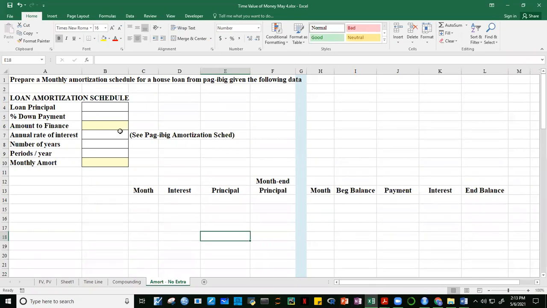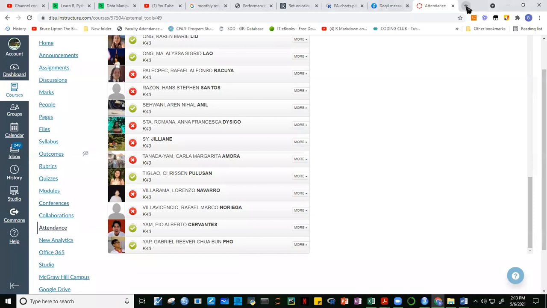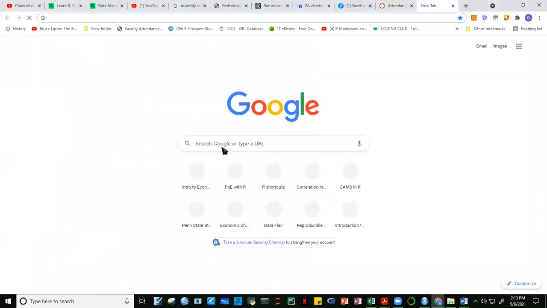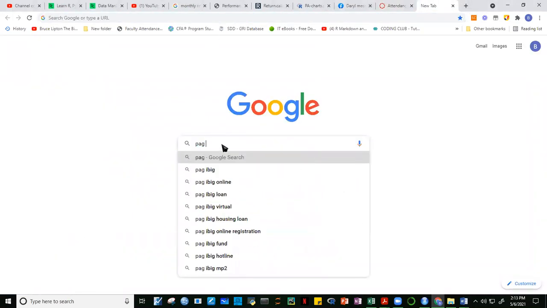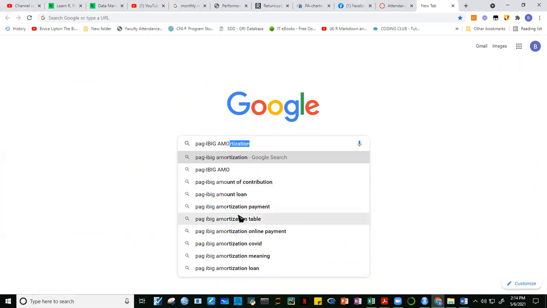I just want us to check, for example, find the Pag-ibig amortization schedule, guys. Let's look on the internet. Let's come up with a practical one. Pag-ibig amortization table.